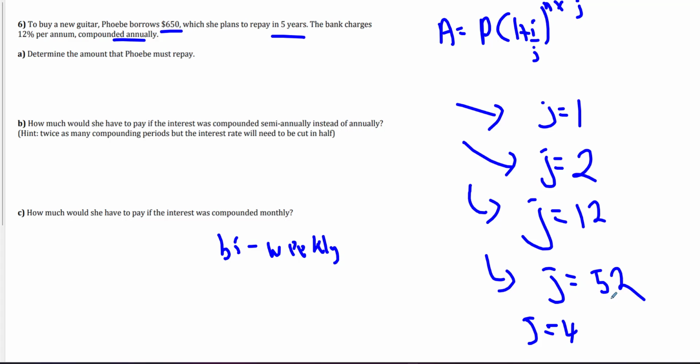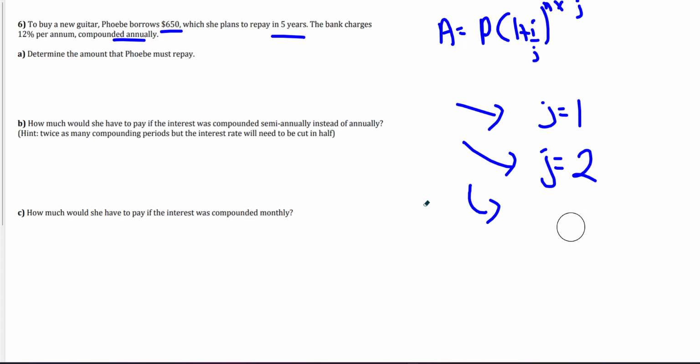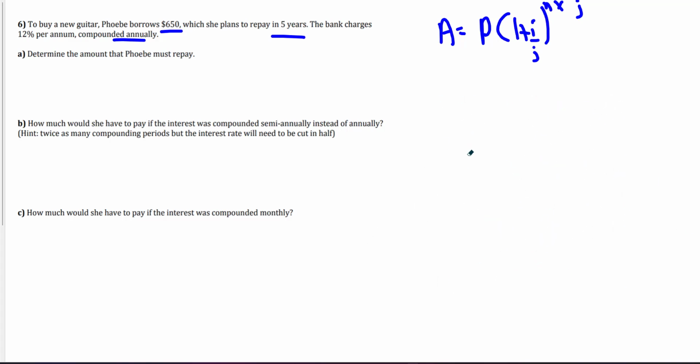If weekly is 52, then bi-weekly is 26 because it's half of weekly. So these are just your common terms when you get into business. Especially if you take economics, you'll deal with this a lot more. I don't know if your school offers that or not, but whatever.